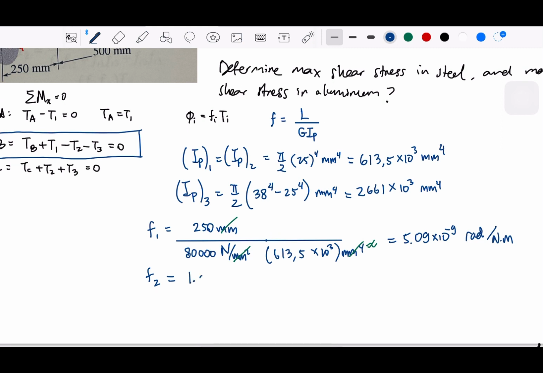This will be 1.01 radian over Newton meter, or millimeter, sorry, it's millimeter. F3 is 6.96 radian over Newton millimeter.